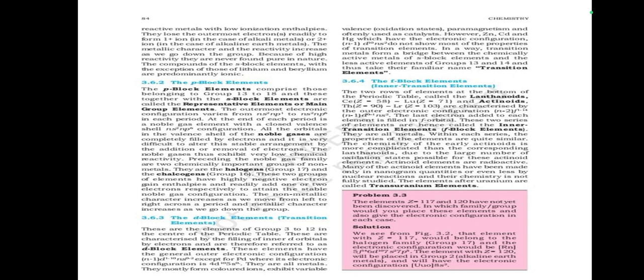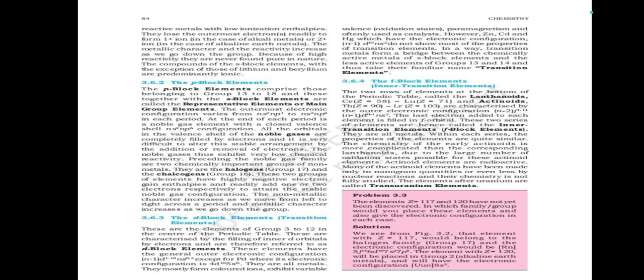The p block elements comprise those belonging to groups 13 to 18, and these together with the s block elements are called the representative elements or main group elements. The outermost electronic configuration varies from ns2np1 to ns2np6 in each period.